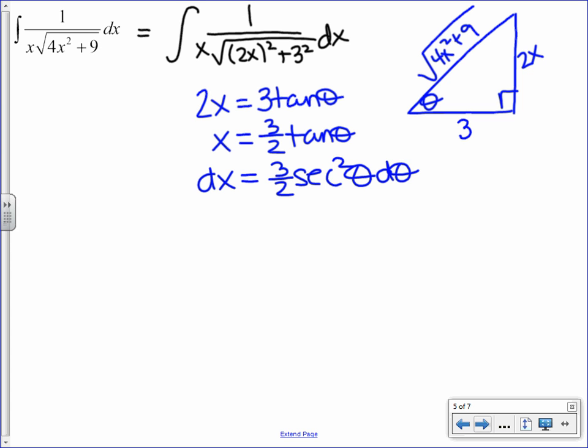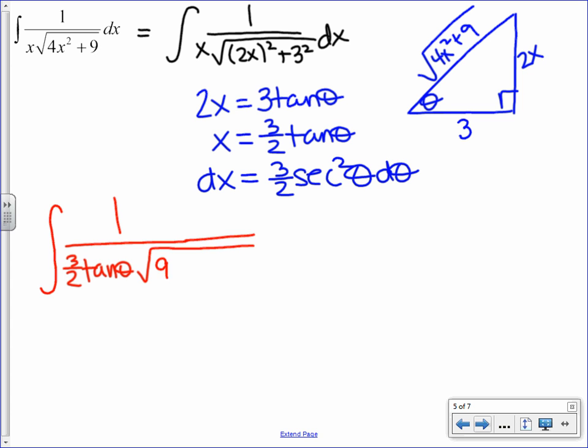All right, you ready for our substitutions here? X is 3/2 tangent theta, times the square root of... 2x is 3 tangent theta. So 2x the quantity squared becomes 3 tangent the quantity squared.